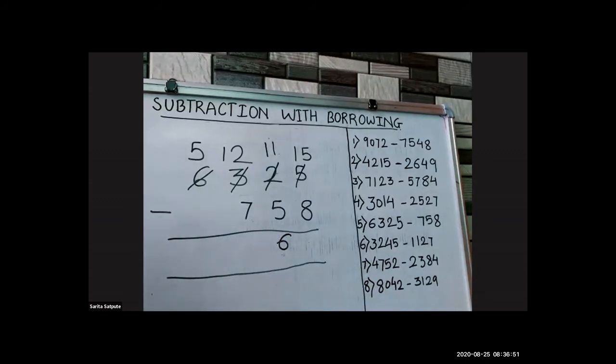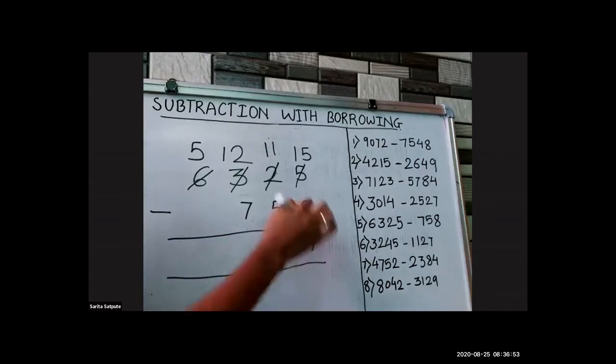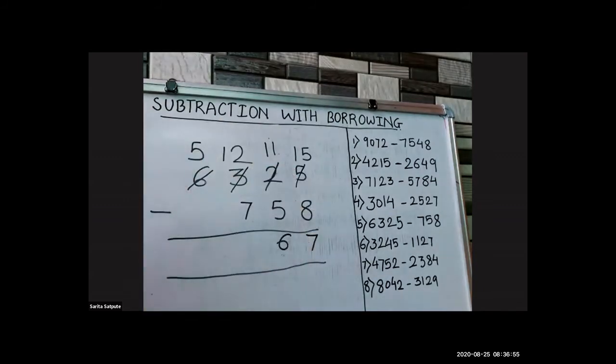Yes, 15 minus 8 is 7, not 6 or 5. 11 minus 5 is 6. Yes, it is correct. And 12 minus 7? 5. And there is nothing for the 5, so it comes as it is. Don't prompt the answer.